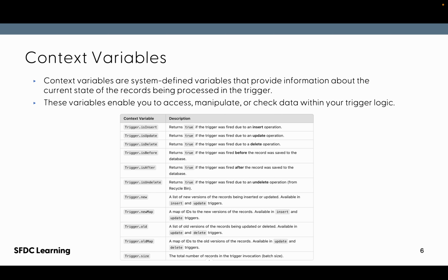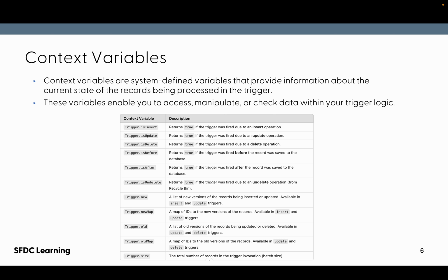And here are those. The first is Trigger.isInsert, which will return true if the trigger was fired due to an insert operation. Same for update, Trigger.isUpdate, which will return true if the trigger was fired due to an update operation. Trigger.isDelete for deletion.